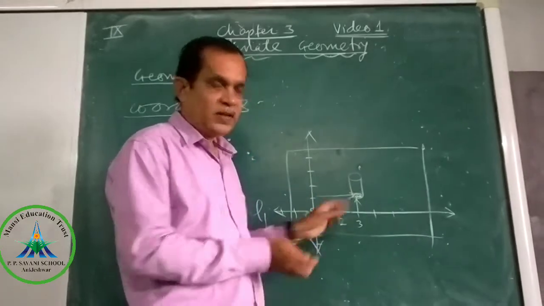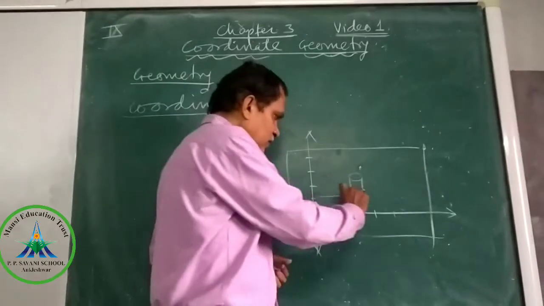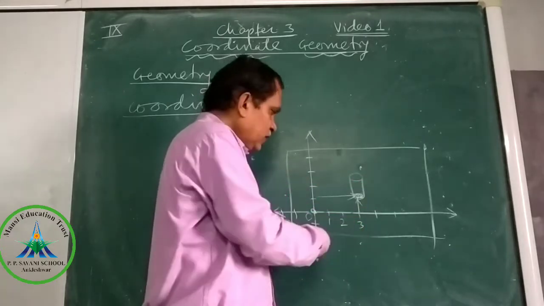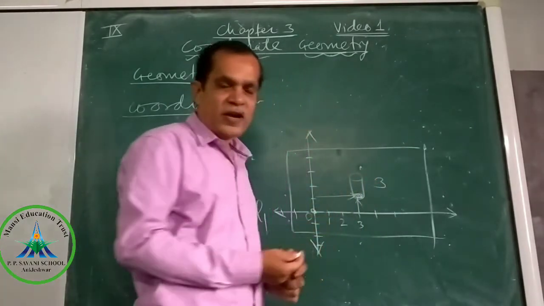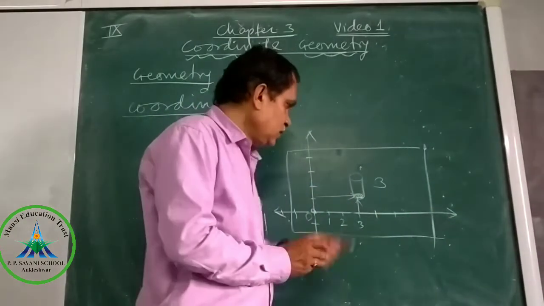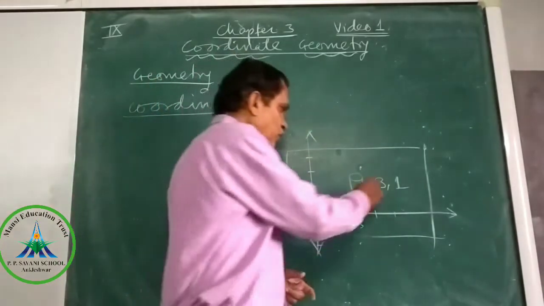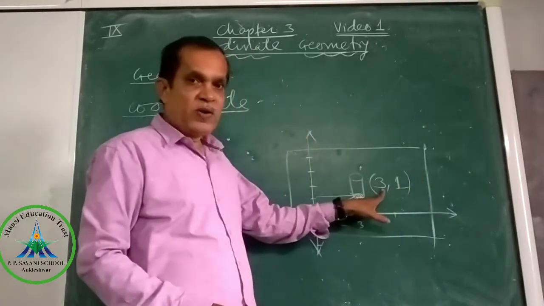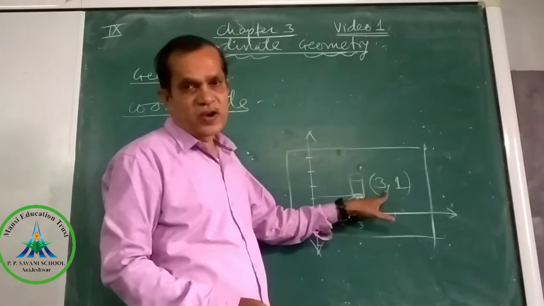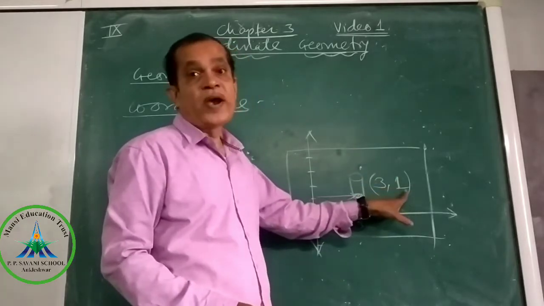This is 1 unit, this is 3 units. 3 units away from the vertical line is the x coordinate 3. 1 unit away from the horizontal line is the y coordinate 1. And in coordinates, the distance away from the y-axis indicates the x coordinate. The distance of the object away from the x-axis indicates the y coordinate.